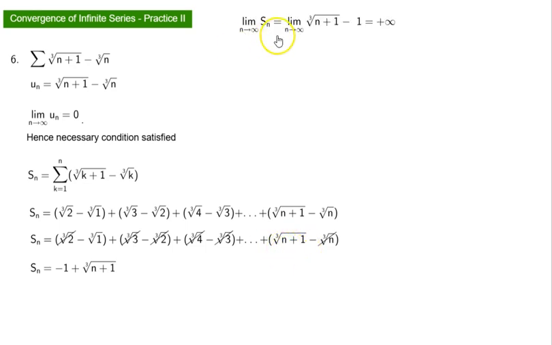This we take the limit. Limit as n goes to infinity of s sub n is equal to the limit as n goes to infinity of cube root of n plus 1 minus 1. And this goes to infinity. So that means the partial sums grow without bound and hence the series diverges.